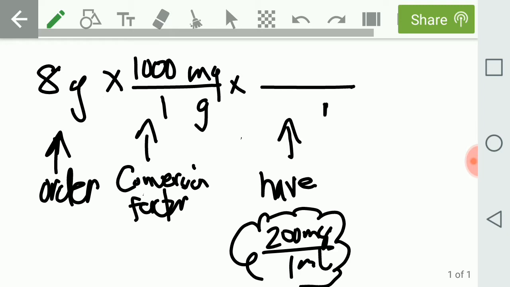So that the milligrams goes on the bottom and the 1 ml goes on the top.